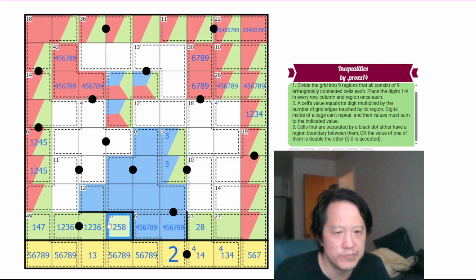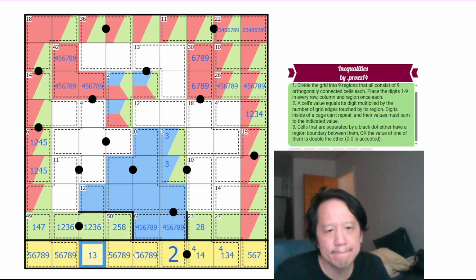So all the same region here. We have a 1, 3, 4. One of these is 8 and 9. One of these is 8 and 9. So we have 5, 6, 7 there.